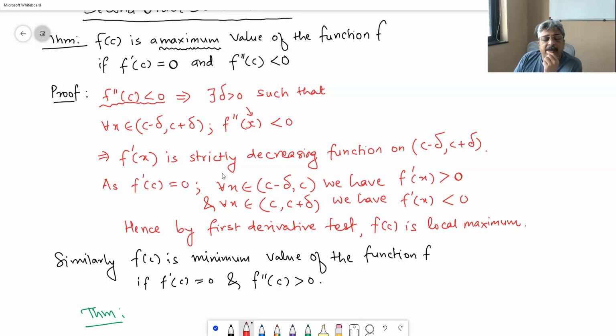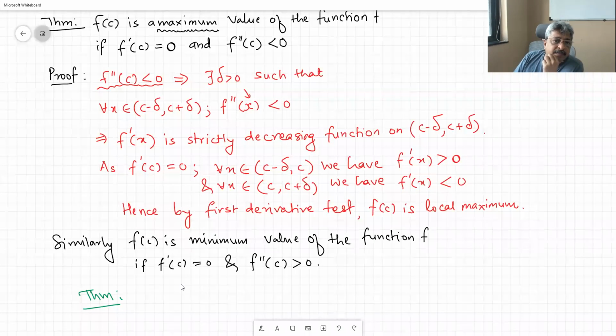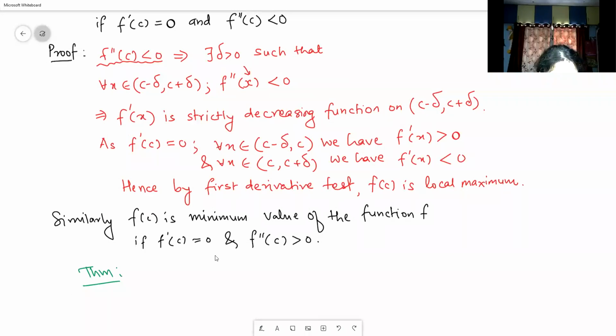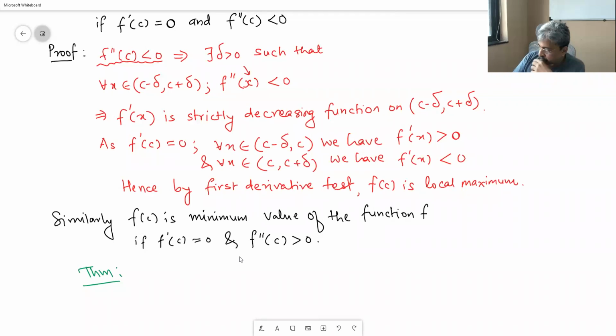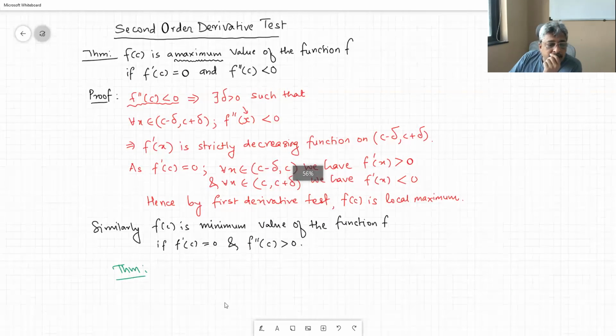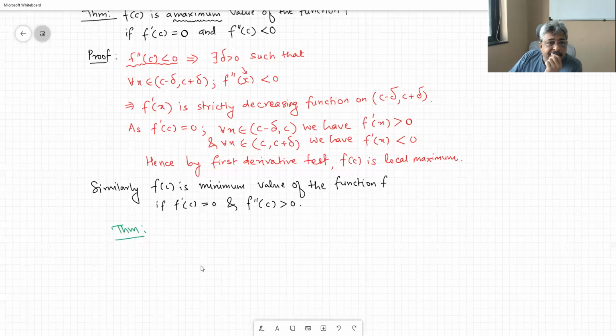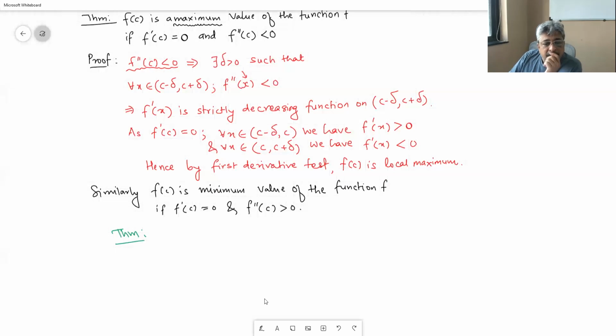I think that will remove your confusion, because for every x we are writing, hence we have to write x here. Is it okay, Harshita? Understood or not? No response, that means understood.